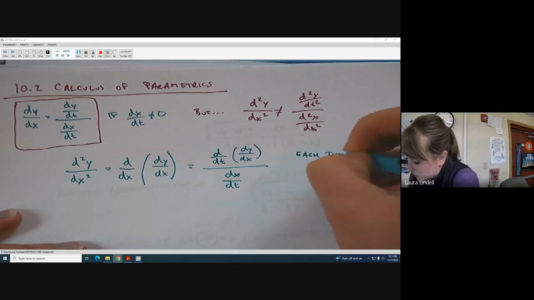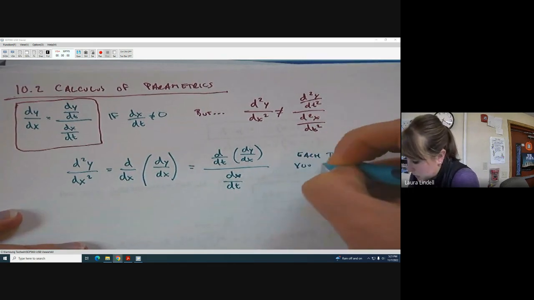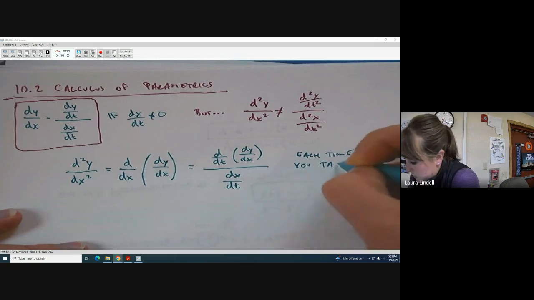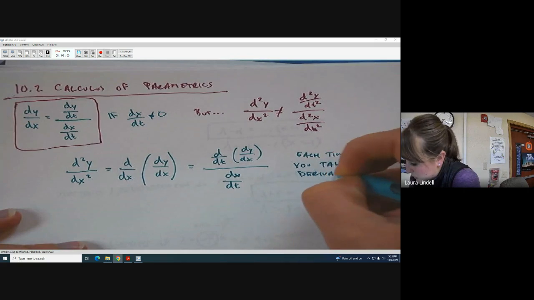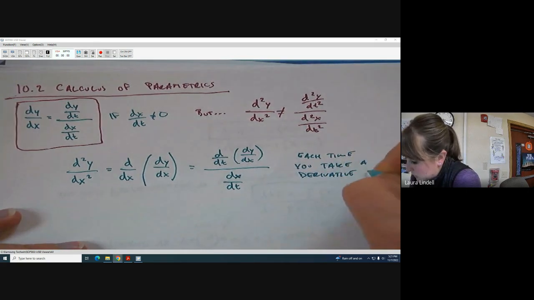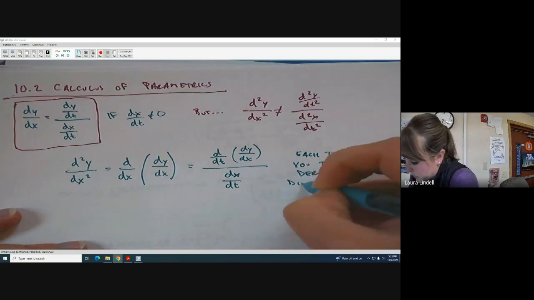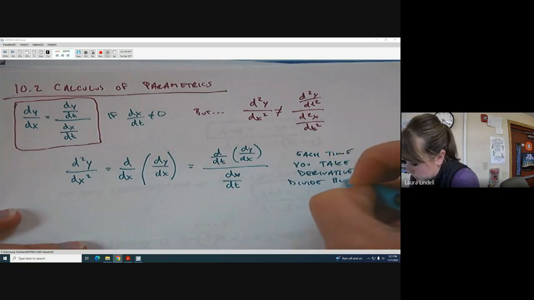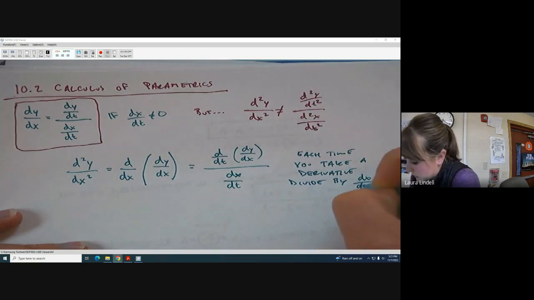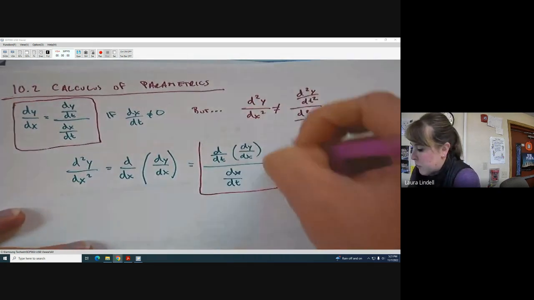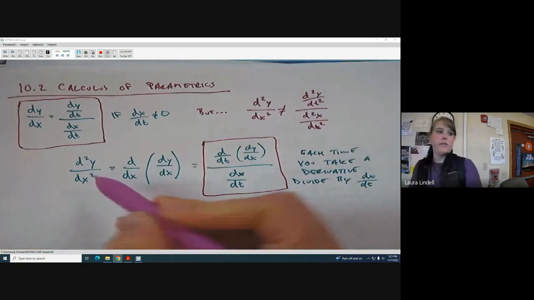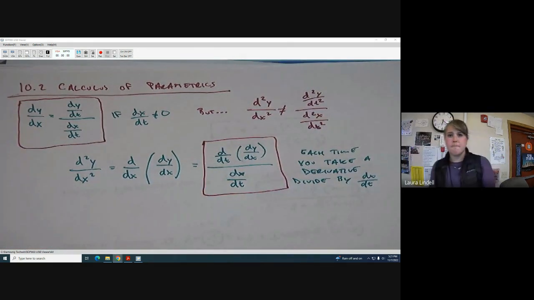Each time you take a derivative, you need to divide by dx/dt. So this is actually the equation that we need to know for the second derivative for a parametric.